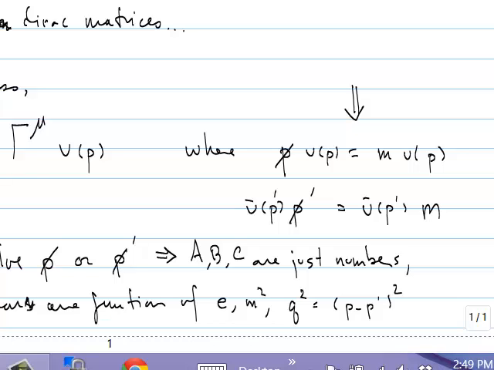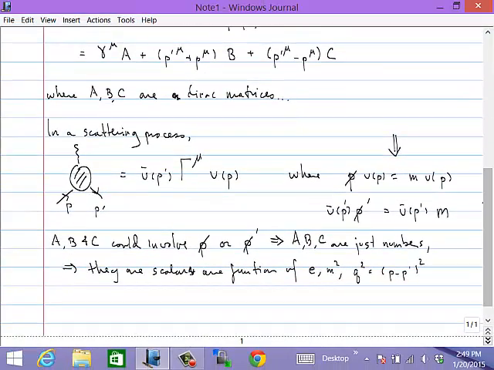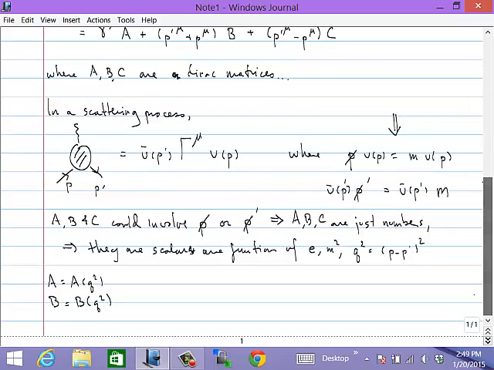So the only non-trivial scalar quantity that you could write down that's not just proportional to 0 or M squared is Q squared. So that means that A, B, and C are scalar functions of Q squared. So A is some scalar function of Q squared, B is some scalar function of Q squared, and likewise C is some scalar function of Q squared.